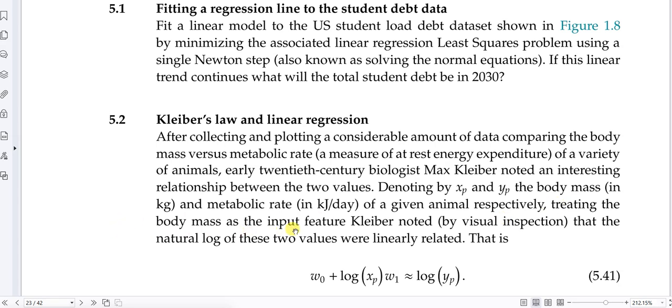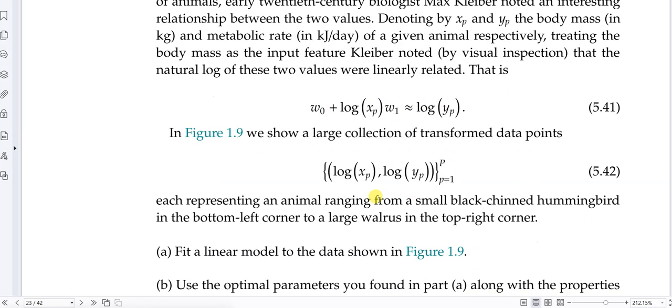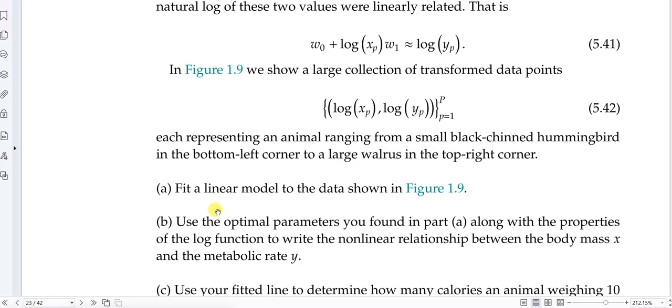Treating body mass as the input feature, Kleiber noted by visual inspection that the natural logs of these two values were linearly related, that is w_0 plus w_1 log x_p equals log y_p, with pairs (log x_p, log y_p) for p equal to 1 to P, each representing an animal, ranging from the small black-chinned hummingbird in the bottom left corner to a large walrus in the top right corner. Fit a linear model.